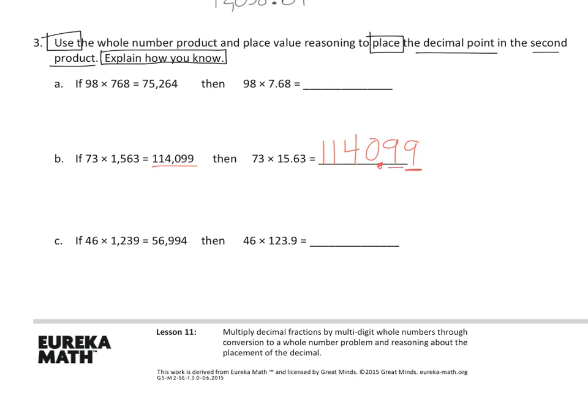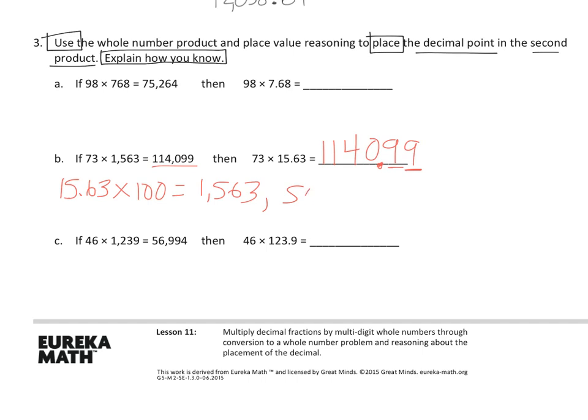So here's our explanation. We're going to say 15 and 63 times 100 would actually give us 1,563, just like over here in the first part of the problem.